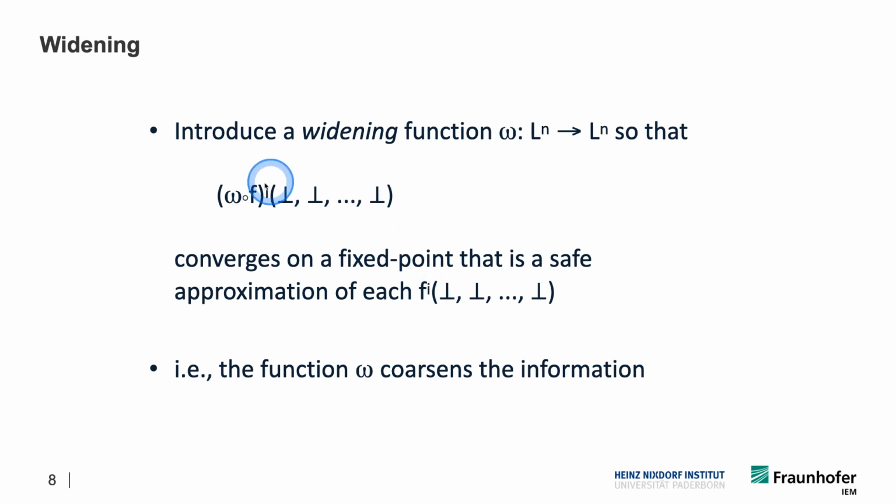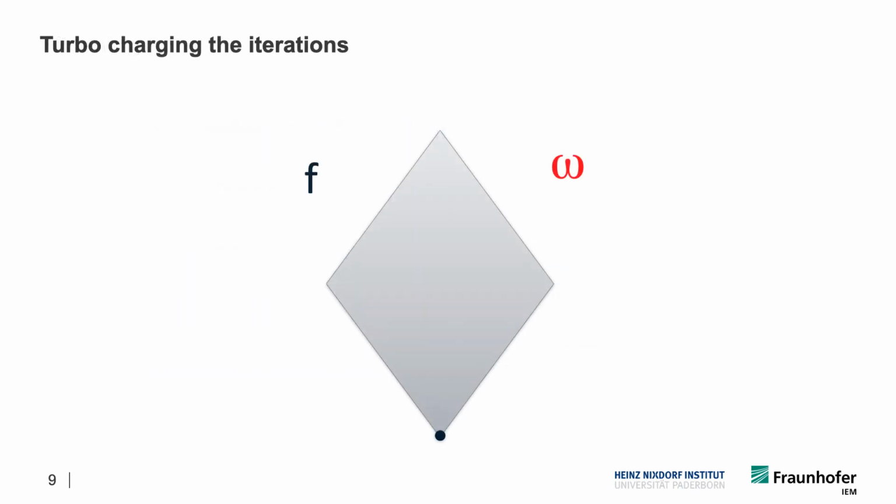So the result of this should always be larger than the result of this for every value i that we have here. So that means the function omega actually coarsens the analysis information. And you can think of this as turbocharging the iterations that you have through your lattice.